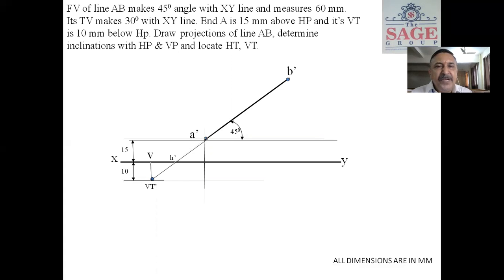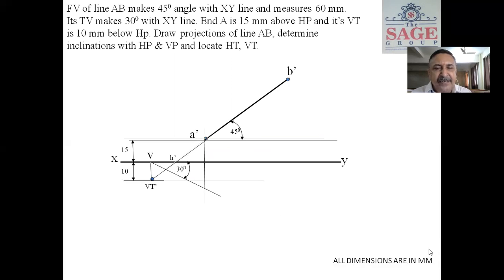We know that the top view makes 30 degrees with the XY line, just like the front view is inclined 45 degrees. So on V, we draw an angle of 30 degrees.